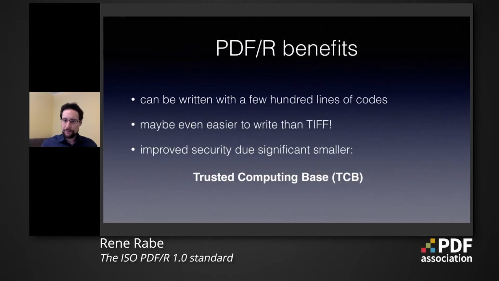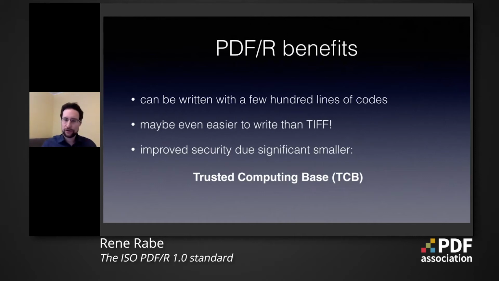We think it can be written, or we have examples where PDFR can be generated with just some 100 lines of code, and it actually might be easier to write PDF raster files than TIFF due to not requiring very low-level tagged byte field creation that TIFF is based on. And we think that people in the driver industry often think of PDF to be rather complicated, so that is often very surprising for them to hear.